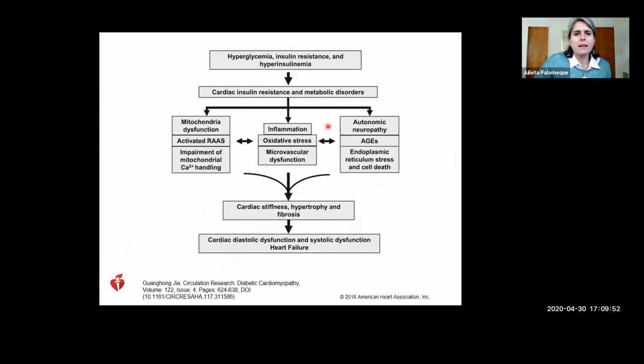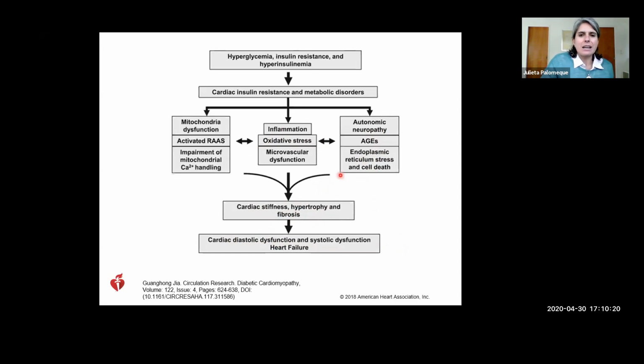And all these factors, mitochondrial dysfunction, inflammation, oxidative stress, autonomic neuropathy, endoplasmic reticulum stress, and apoptosis, evolve to cardiac stiffness, hypertrophy, and fibrosis. This is the cause of diastolic dysfunction and systolic dysfunction leading to heart failure.